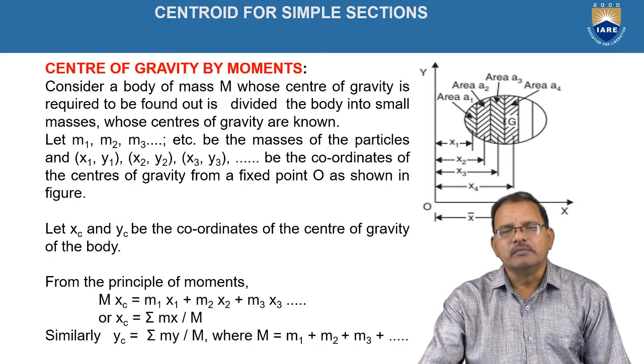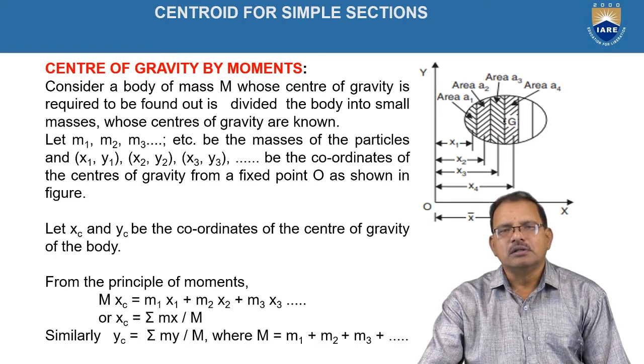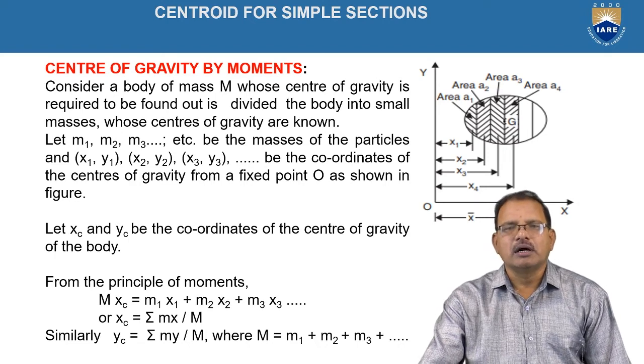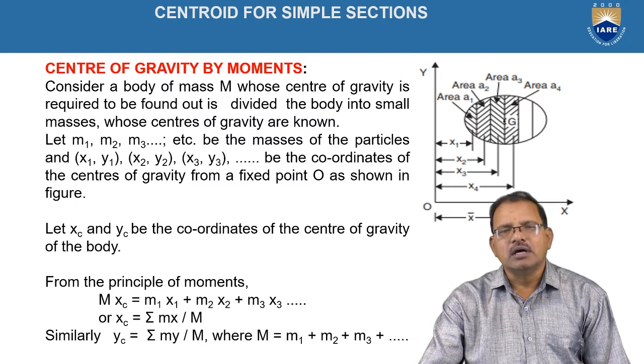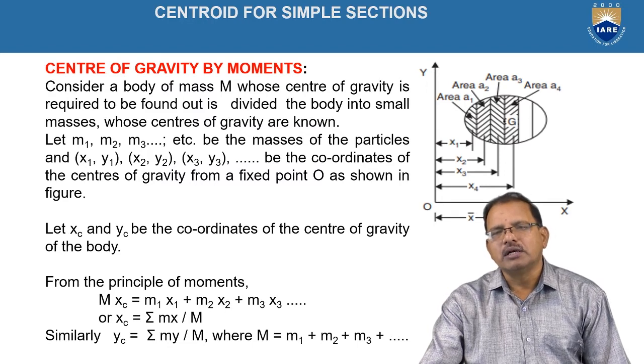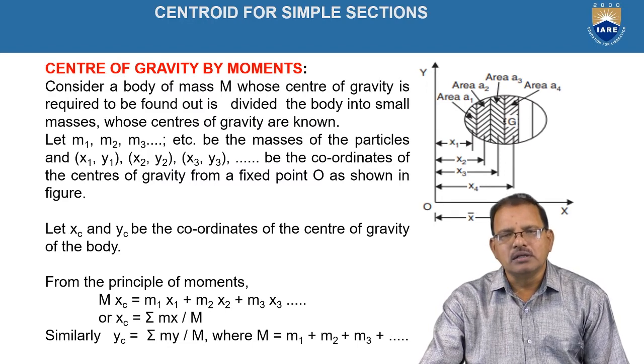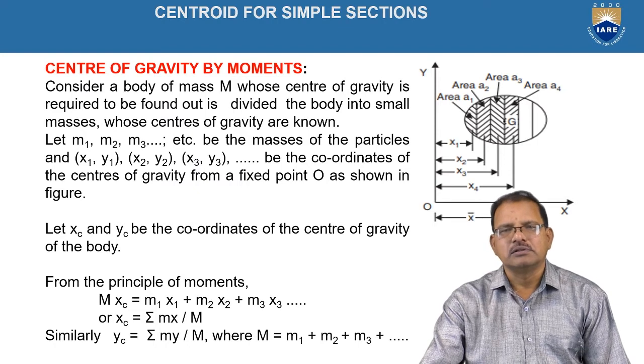According to the method of moments, the moments created by the component of forces is always equal to the moment created by the resultant of all those forces at a given point.